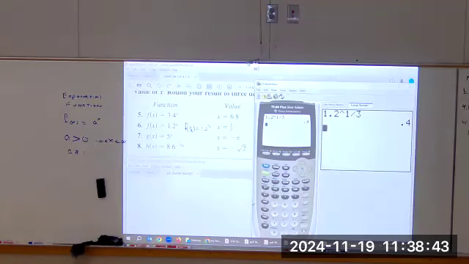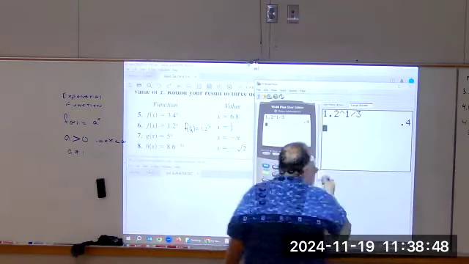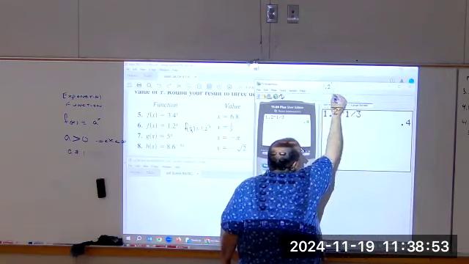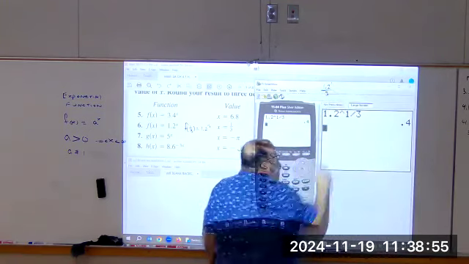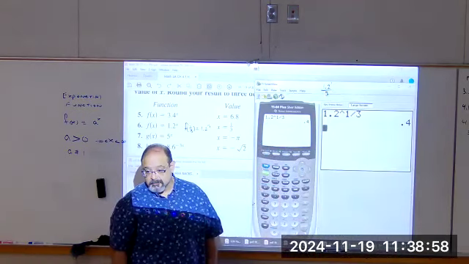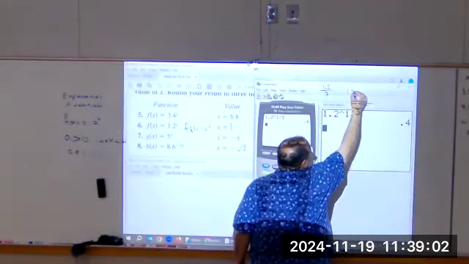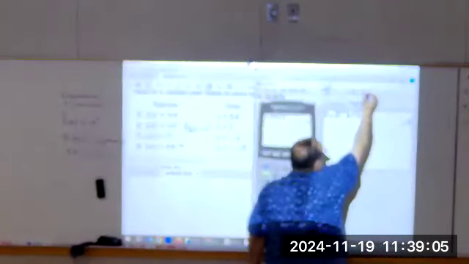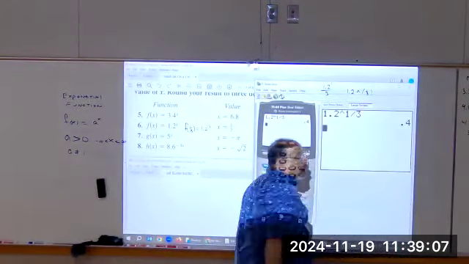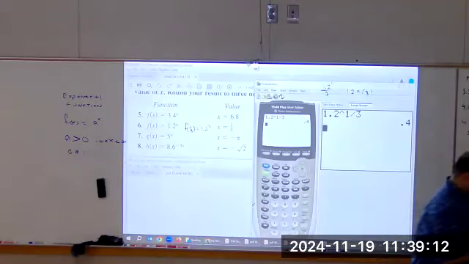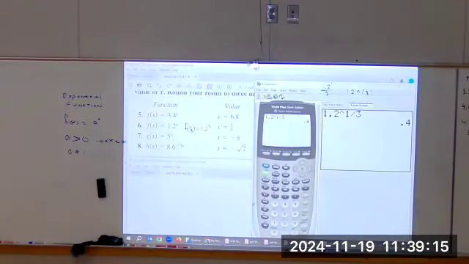That's wrong. Because what it did was, order of operations, it went 1.2 to the first, and then it divided that answer by 3. So what does it need? It needs to be 1.2 to the, and then it has to be in parentheses if I want to raise the whole thing to the 1/3. Okay. When I actually type it correctly.